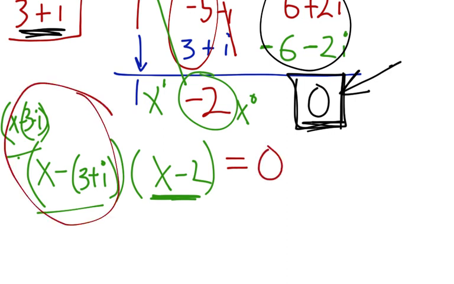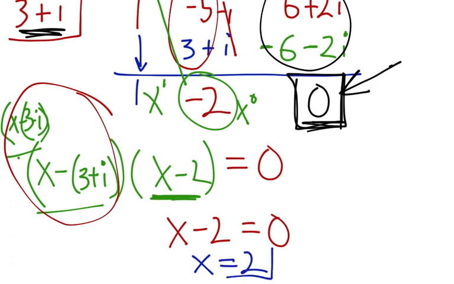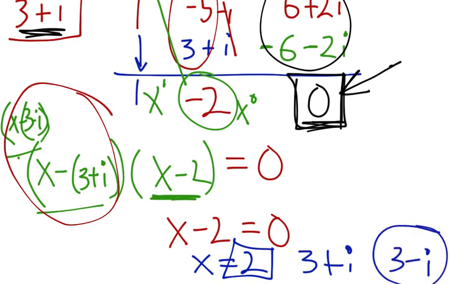Well, I already have these ones. I need to have x minus 2. This final answer gets set equal to zero, and that gives me x equals 2. Okay, so the final roots that I would put into the lab are 2 and my 3 plus i, and I was given 3 minus i, so I don't need to write that in there as my other root. I need to write this one in there and the 2.